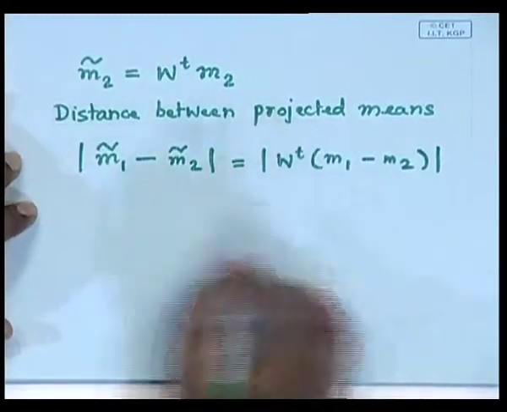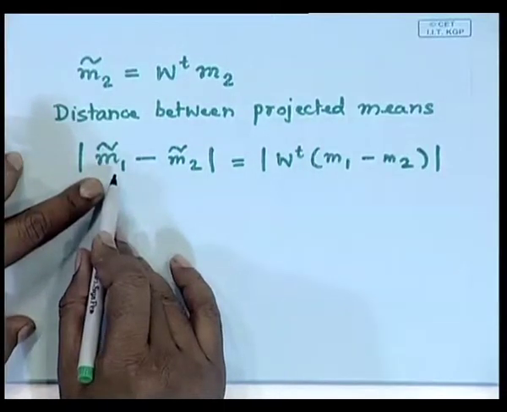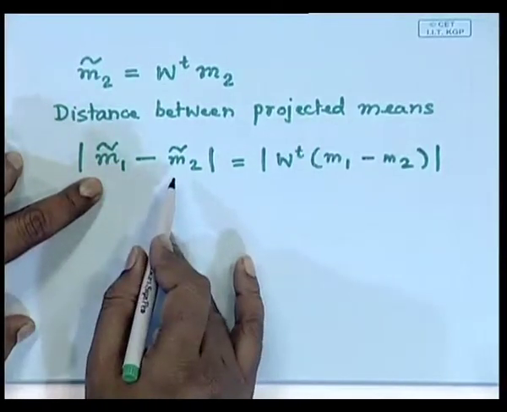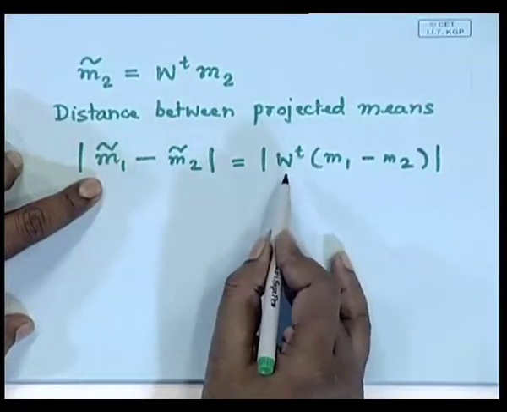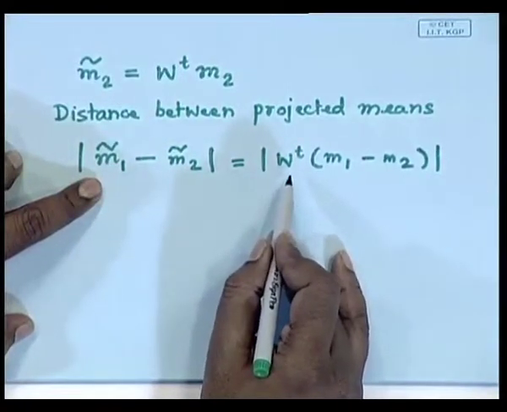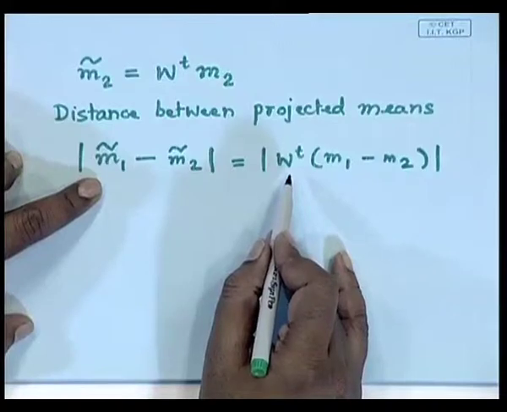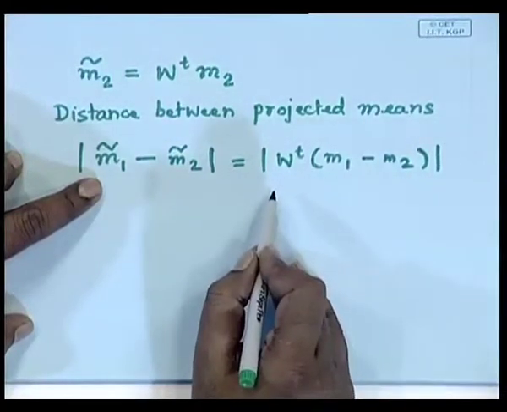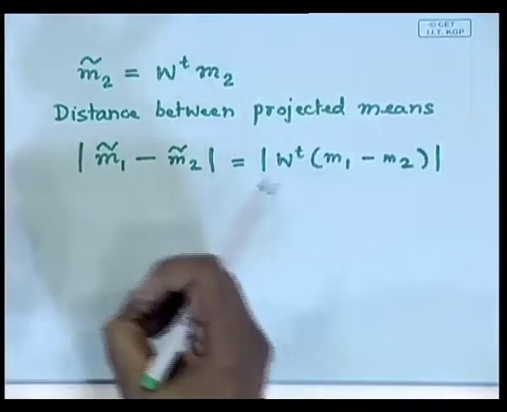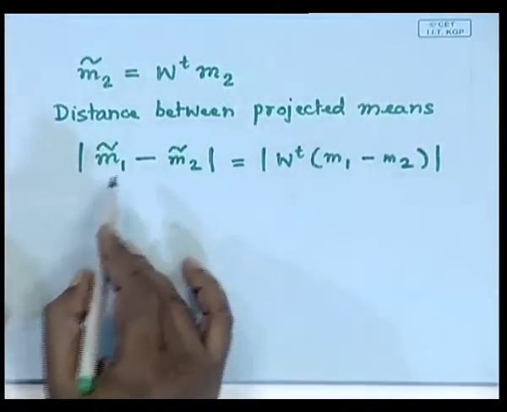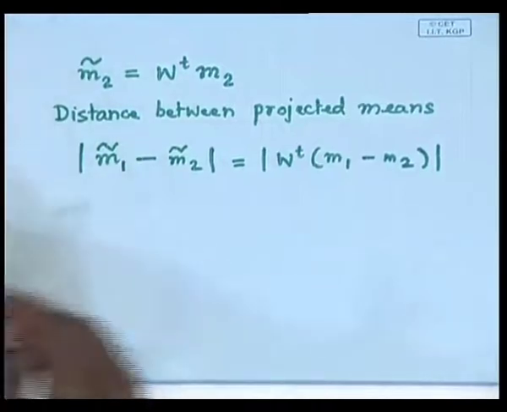Now, I find that I can increase the distance between M 1 tilde and M 2 tilde by simply scaling up W. Here I have assumed that modulus of W is equal to 1. If modulus of W is more than 1, then the distance between M 1 tilde and M 2 tilde will go on increasing.